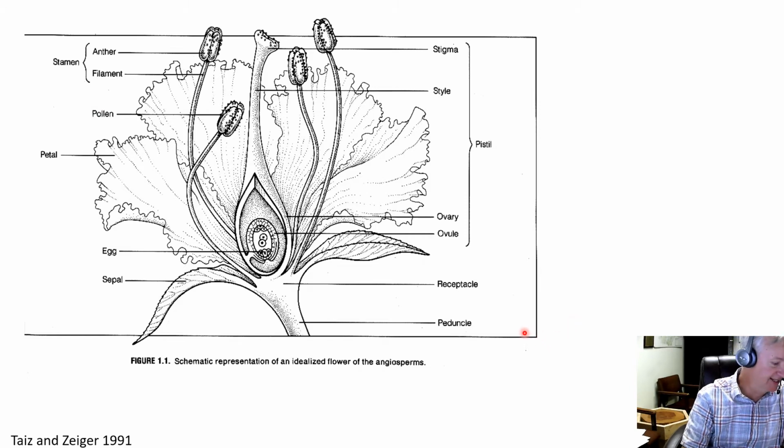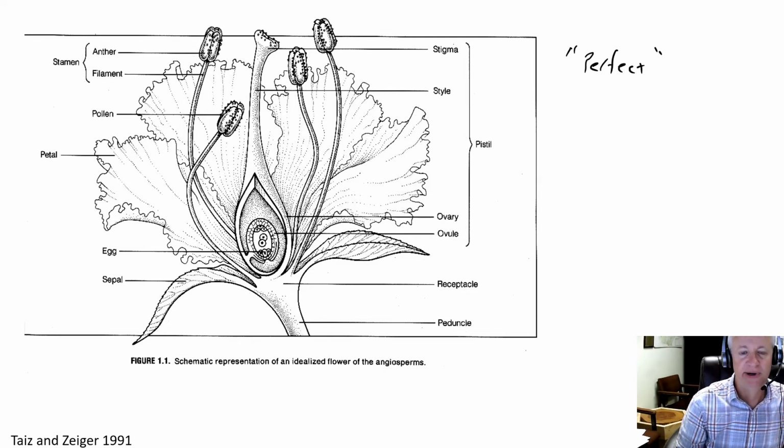In this case, those both occur in this particular flower. So this flower, because it contains both pistil and stamen, is a perfect flower. Okay, so a perfect flower contains both male and female reproductive structures. Obviously then it follows that an imperfect flower contains only male or only female reproductive parts in it.